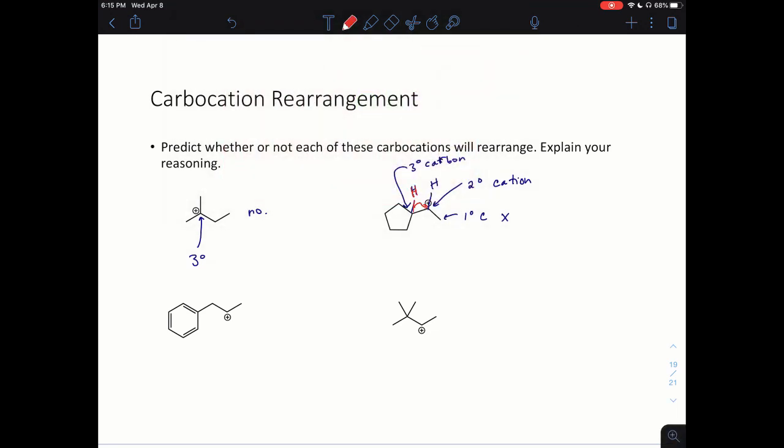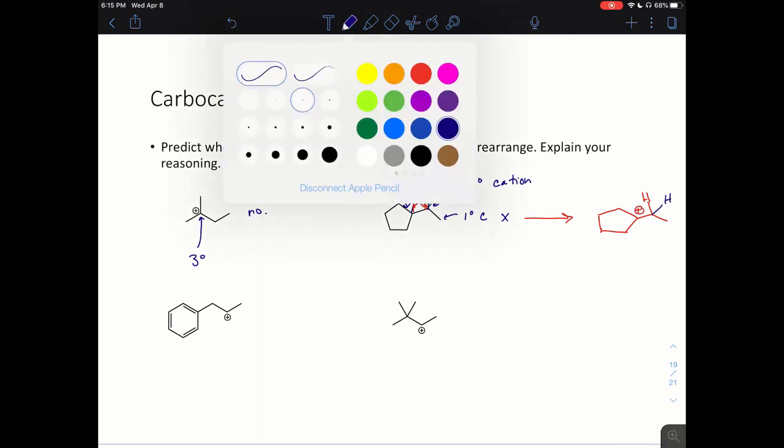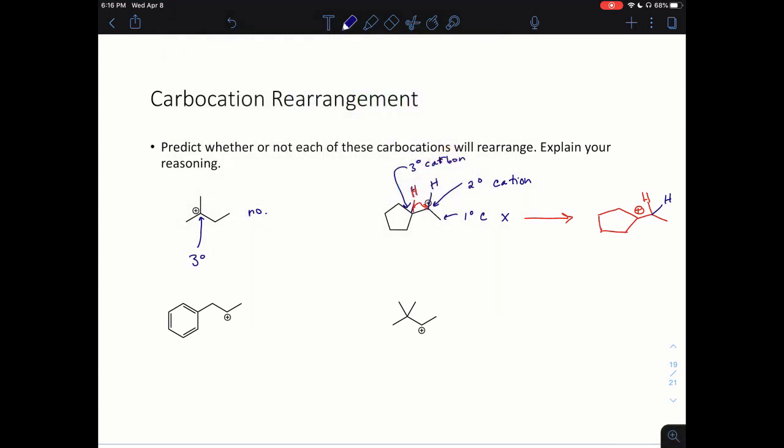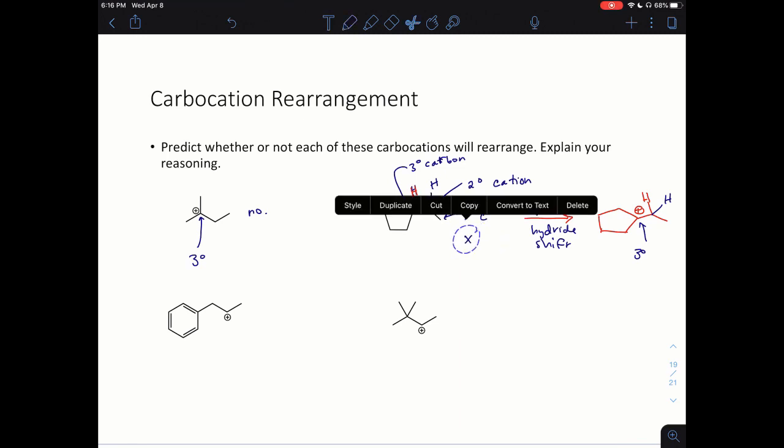Make this hydrogen orange. And when it does rearrange, it forms a tertiary cation now. And tertiary is lower energy than secondary. So yes, we're going to have a hydride shift from the carbon that is tertiary.